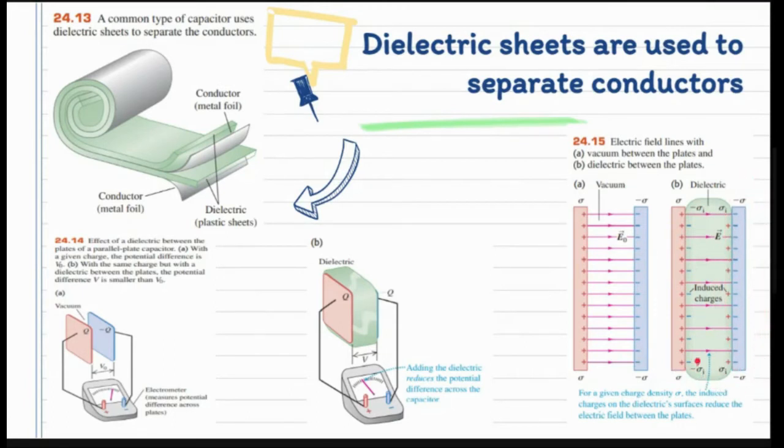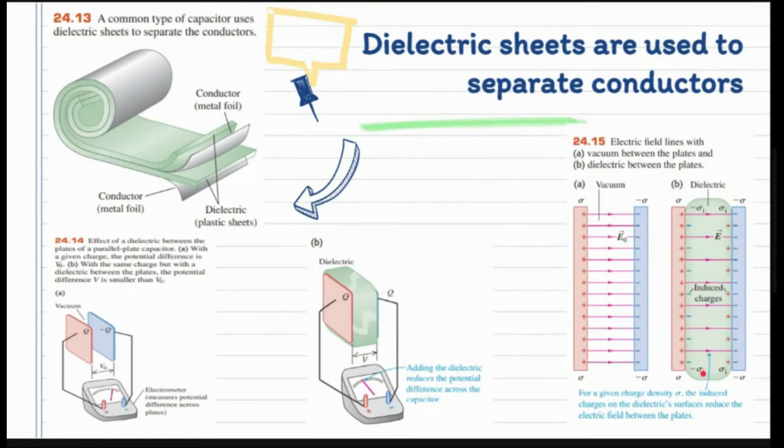So there is an isolated polarization. If we do that, the induced charges will decrease the electric field strength. That's why, if we compare the two diagrams, there are fewer electric field lines in illustration B.